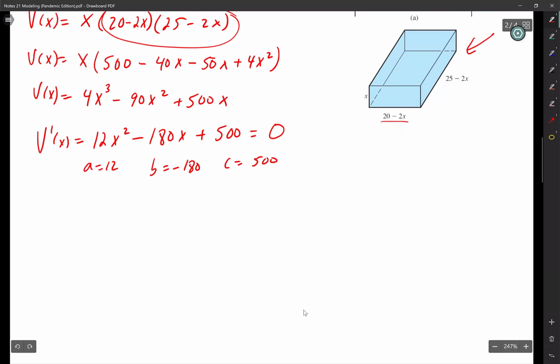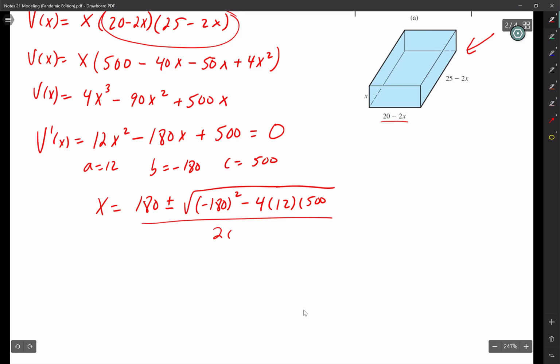X equals opposite of B, so 180 plus minus square root. And then I guess you can write a negative 180 in there, put a square on it, but it doesn't matter, negative or not, it's going to be squared anyways. Minus 4 times 12 times 500 for AC, all over 2 times 12.